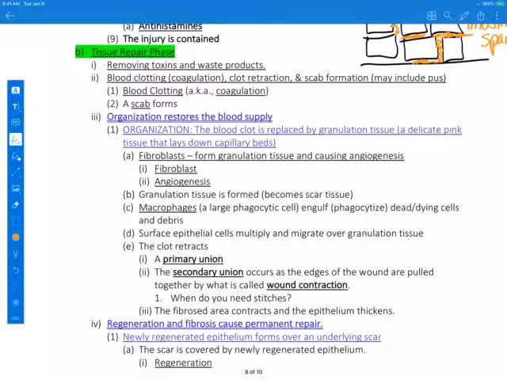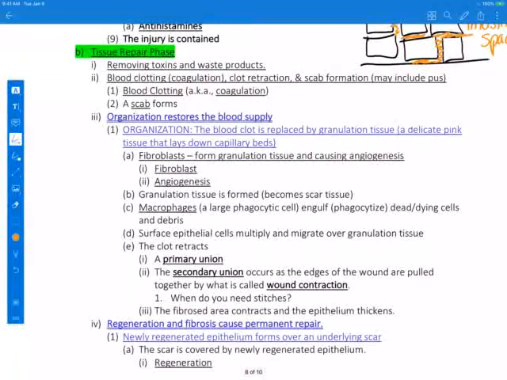So organization: after we basically remove the toxins and waste and we blood clot and we form a scab, then the body can organize itself to restore the blood supply. So organization is basically when the blood clot is replaced by what is known as granulation tissue. And granulation tissue is this very delicate pink tissue that lays down capillary beds, which are microscopic blood vessels.